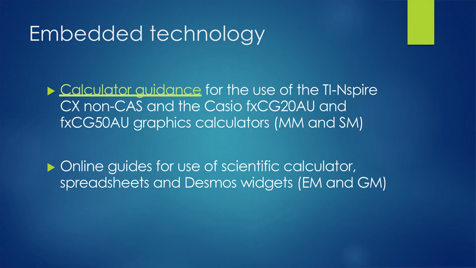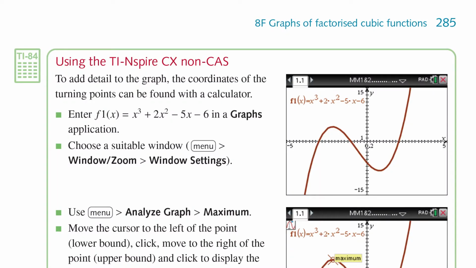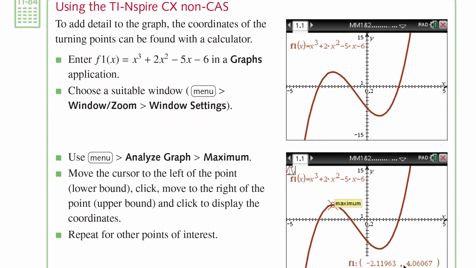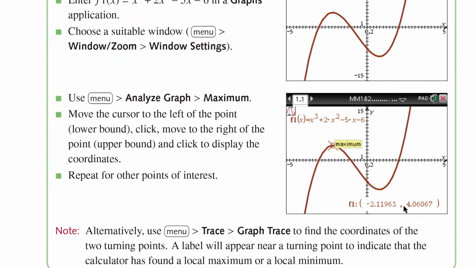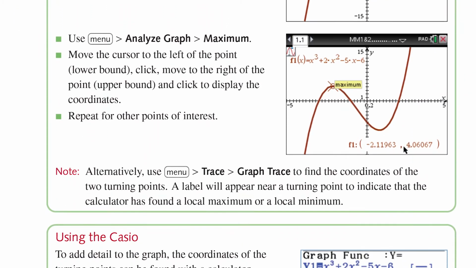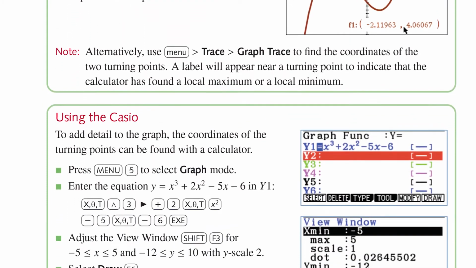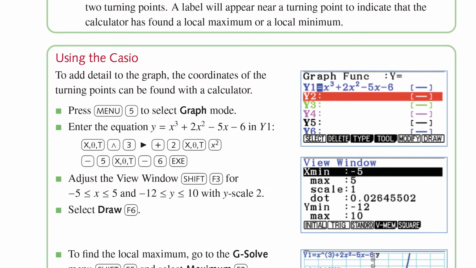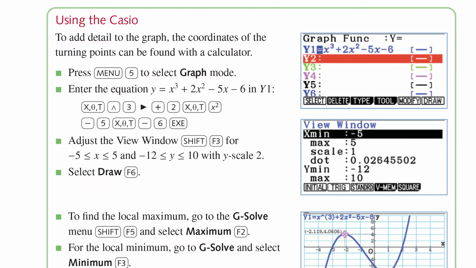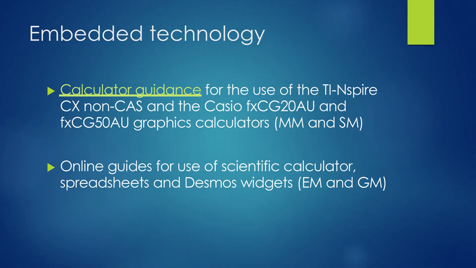This is typically how those examples would appear. This is the TI version, and if I scroll further down, there's the Casio version. So they should look fairly familiar to you if you're using either of those already.